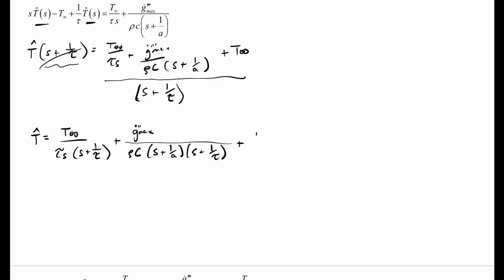And then the last term is T infinity divided by S plus 1 over tau. Okay, so that's just rearranging from second step to third step.